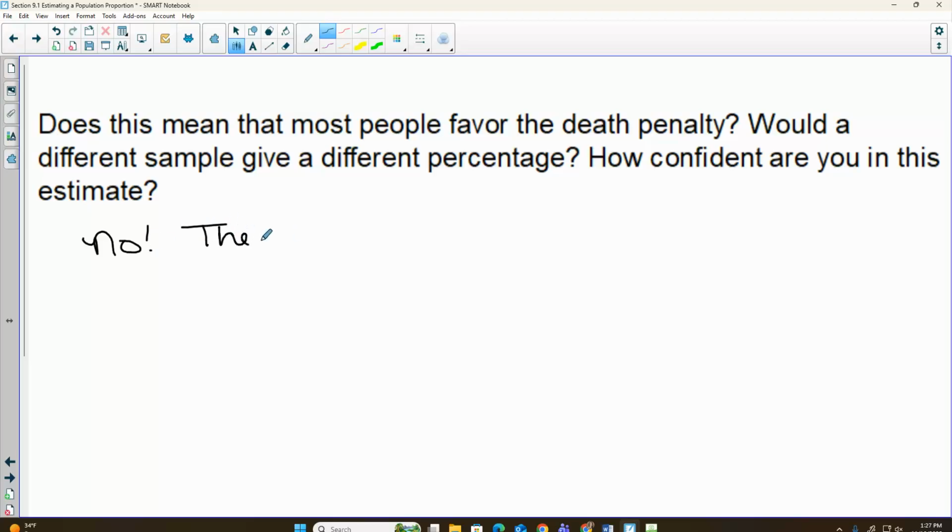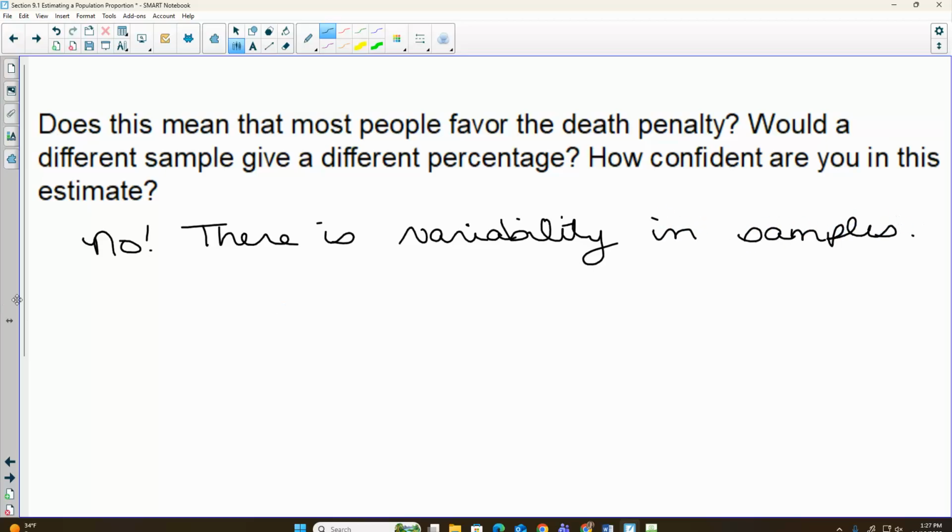So let's say there is variability in samples. Each sample will likely be different.